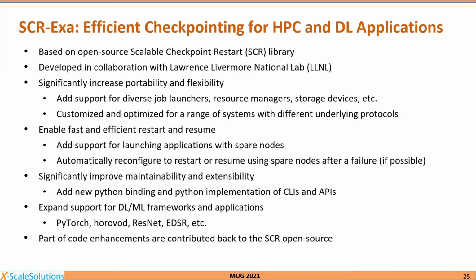If that turns out to be the case and you run into one of those faults, this tool will also automatically reconfigure, restart, and resume using the spare nodes after a failure, if possible. Possible means some of the models you can predict and tolerate. If the whole thing failed, then you won't be able to restart using the same resource or allocation.